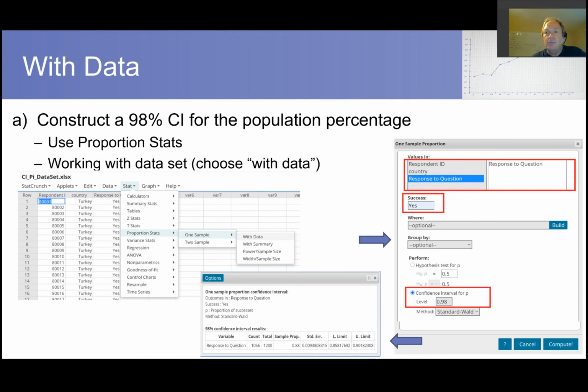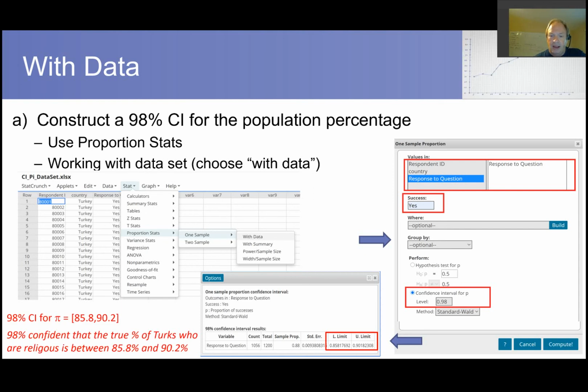And we get output that is actually very similar to what we saw for the confidence interval with the population mean. And we're interested in those same two values, the lower limit of the confidence interval and the upper limit. And so we see that the 98% confidence interval for the population proportion is 85.8% to 90.2%.